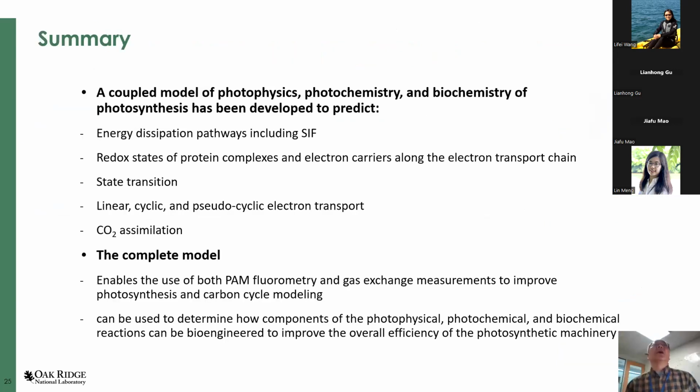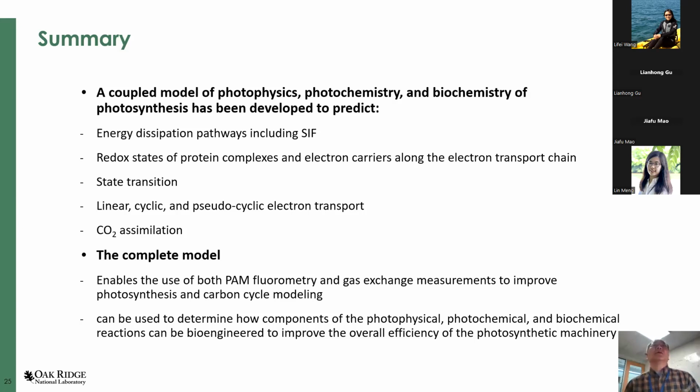To conclude, we have developed a coupled model of photophysics, photochemistry, and biochemistry of photosynthesis to predict a wide range of variables of interest to plant scientists and ecologists. Energy dissipation pathways, including redox states of protein complexes and electron carriers along the electron transport chain, state transition, linear, cyclic, and pseudo-cyclic electron transport, CO2 assimilation.